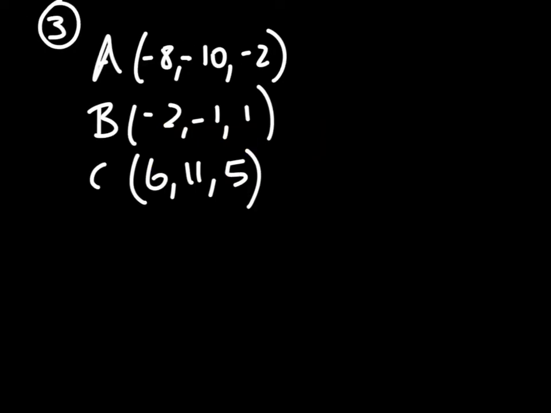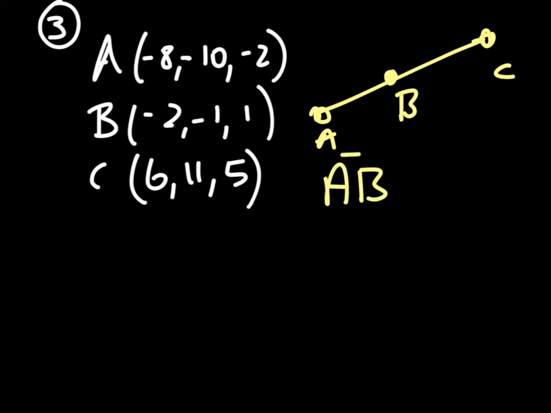Number 3, we have 3 points A, B and C that are collinear. So a little diagram, A, B and C. Prove that they're collinear: work out AB, work out BC, and there should be some connection between these two vectors.